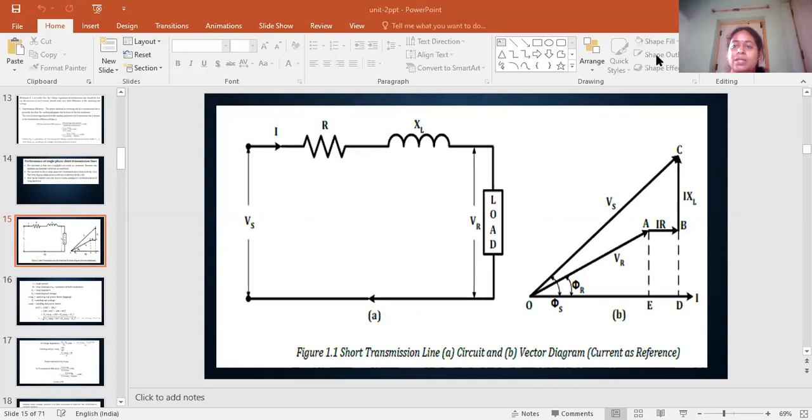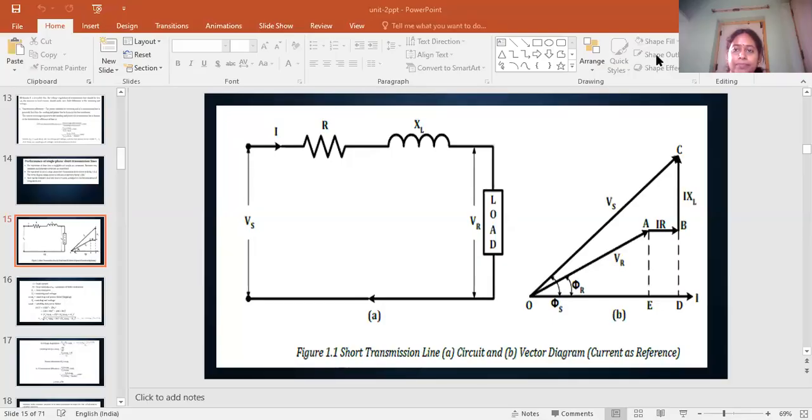It is a right angle triangle OAE, at an angle of phi r.